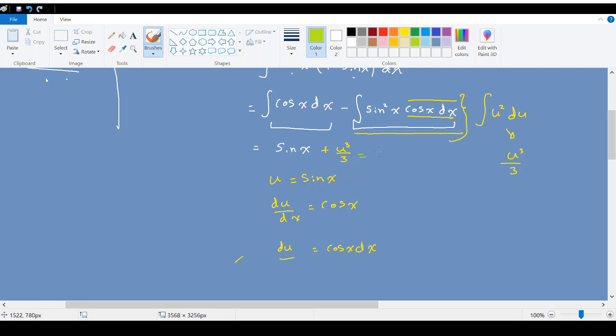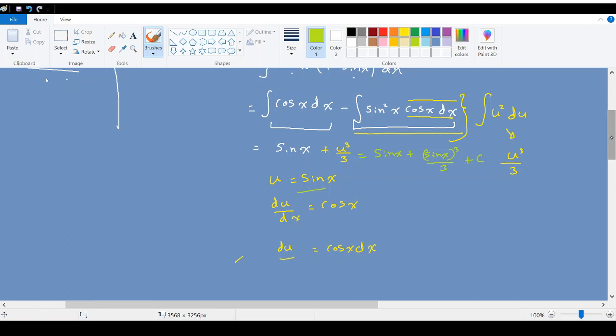Sin x is already in terms of x, but we should convert u with the substitution that we used at the beginning, which is sin x. So the answer is sin x minus sin cube x over 3, and don't forget to have the arbitrary constant.